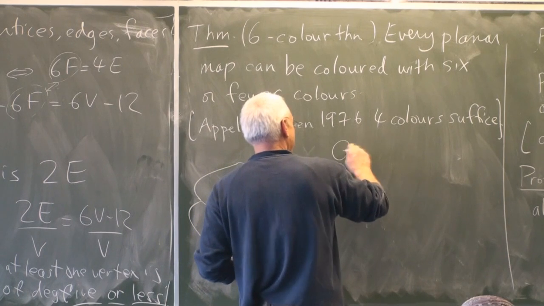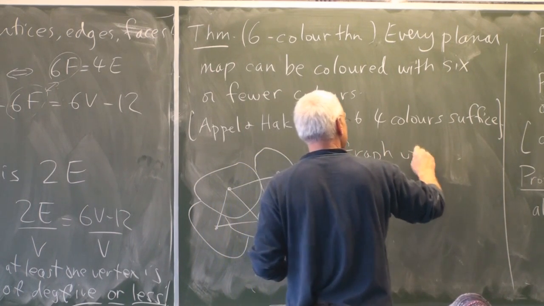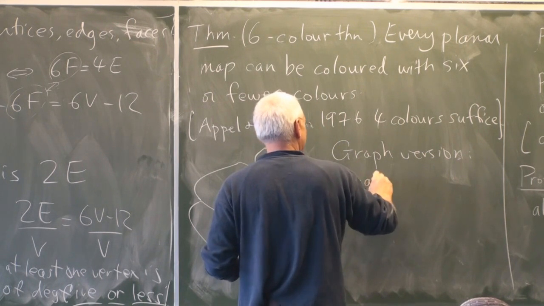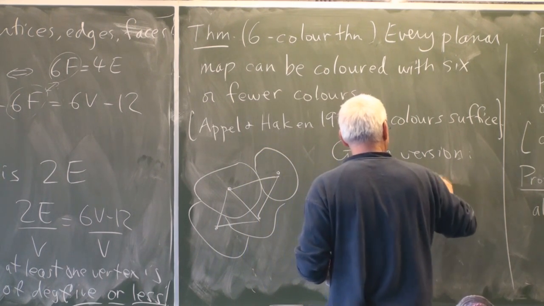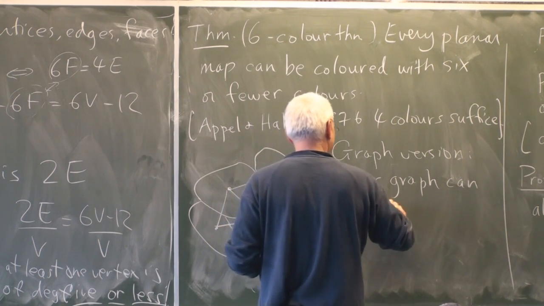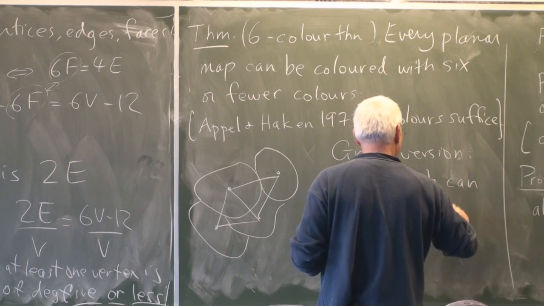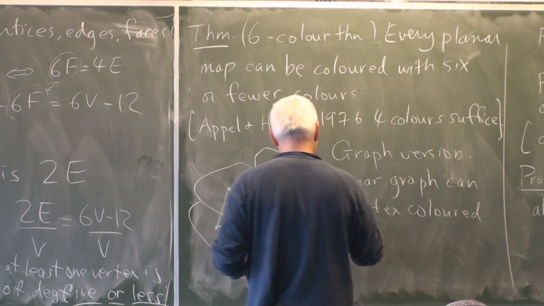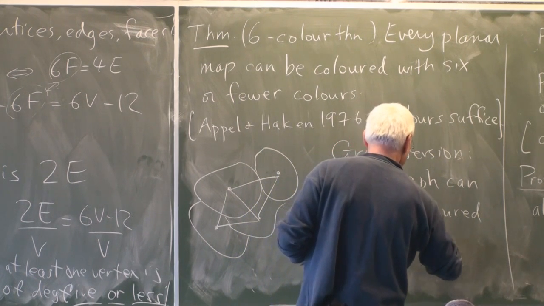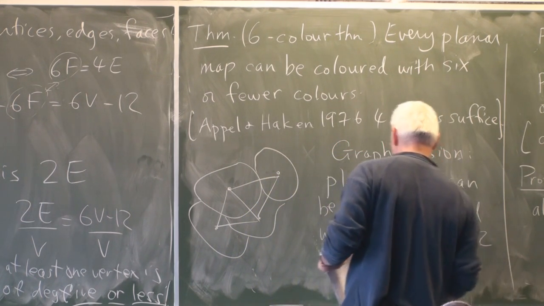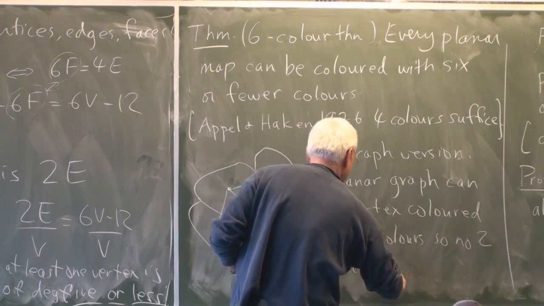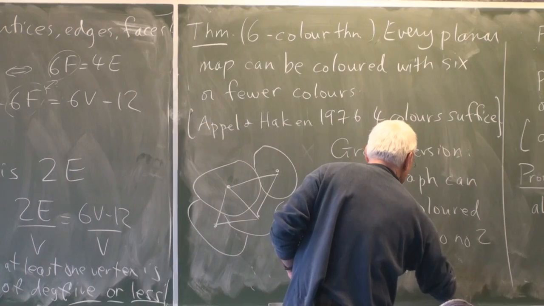So the graph version: if we have a planar graph, it can be vertex colored with six colors, so no two adjacent vertices have the same color.